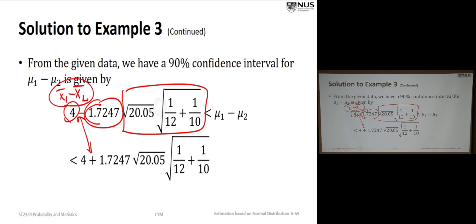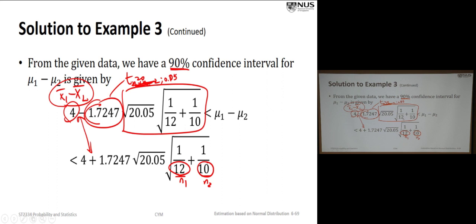So this is t with n1 plus n2 minus 2 degrees of freedom at 0.05, half of the 10%. n1 is 12, n2 is 10, so it's 20 degrees of freedom.